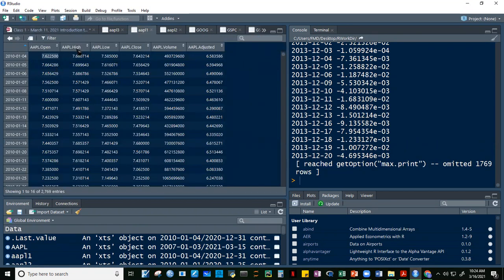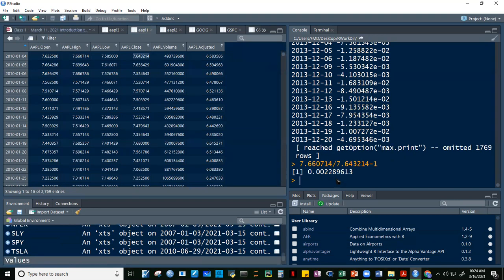So let's look. Highest, Control C, Control V divided by the close, minus 1. 0.0022.